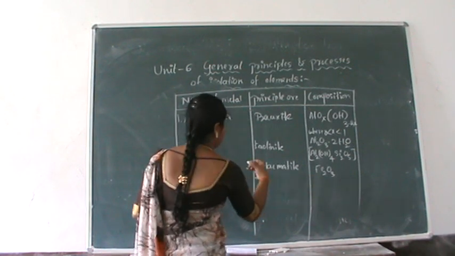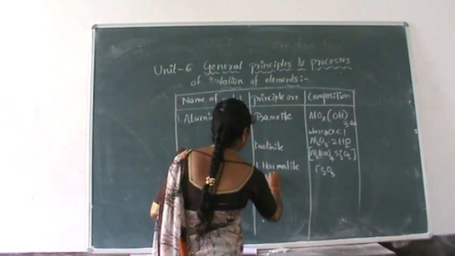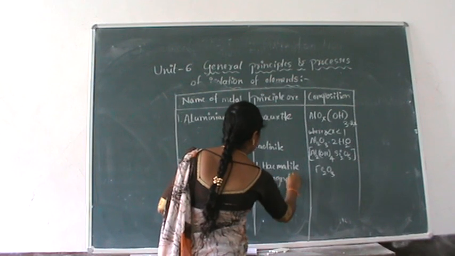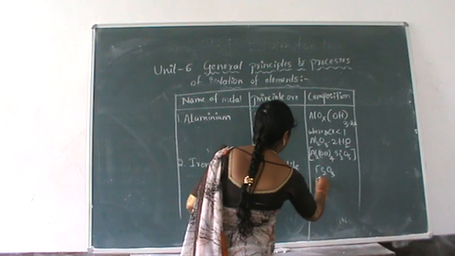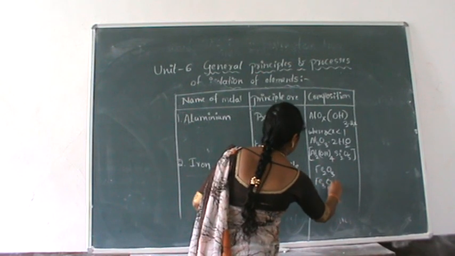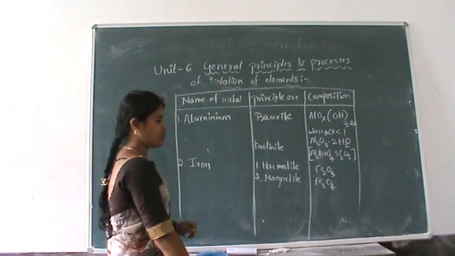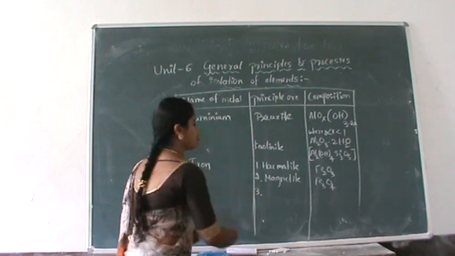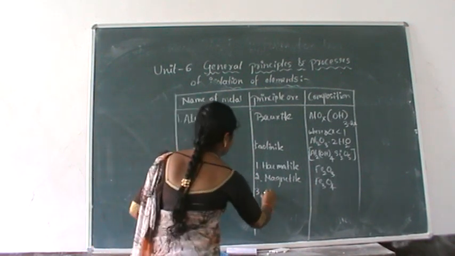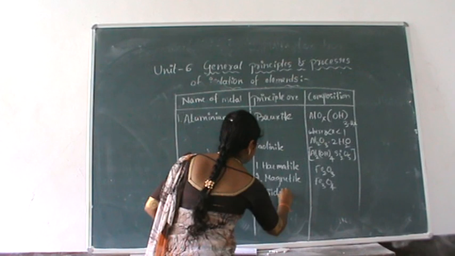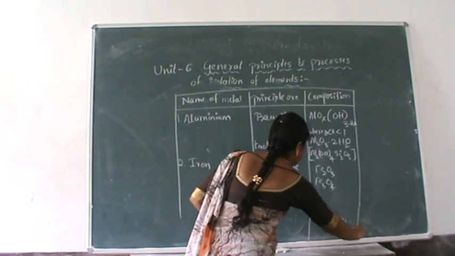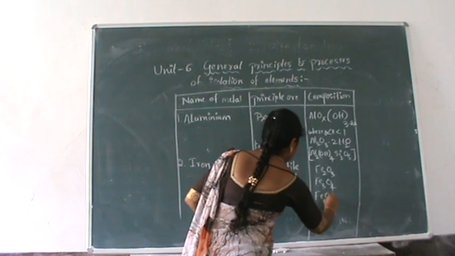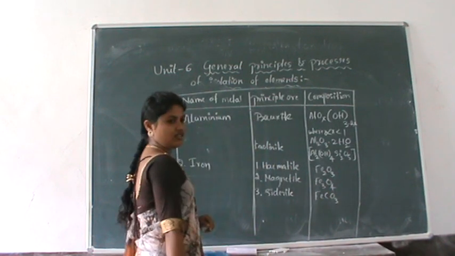Next, hematite and also magnetite. Its composition is Fe3O4. And also siderite, its composition is FeCO3.